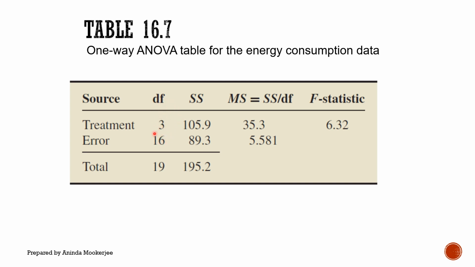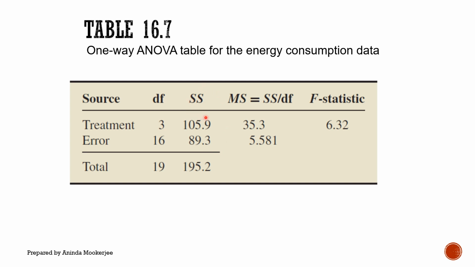And then the DF for the error was N minus K, which was 20 minus 4, right? The value of K was 4 and N was 20. So 20 minus 4 is 16. And when you sum them up, you should come up with N minus 1. So 20 minus 1, which is 19.